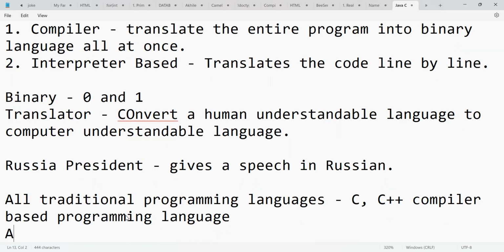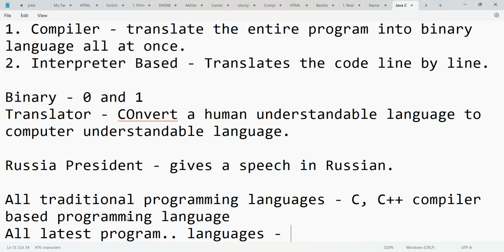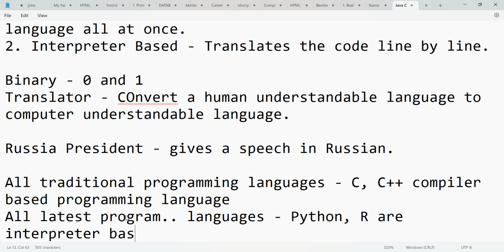And all the latest programming languages like Python are interpreter based programming languages. Fine.